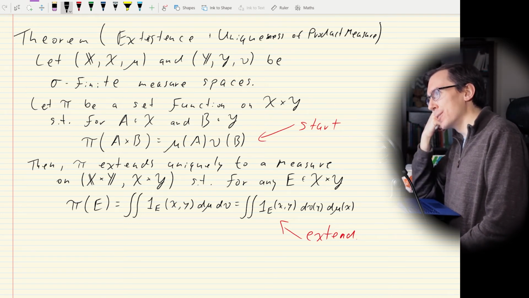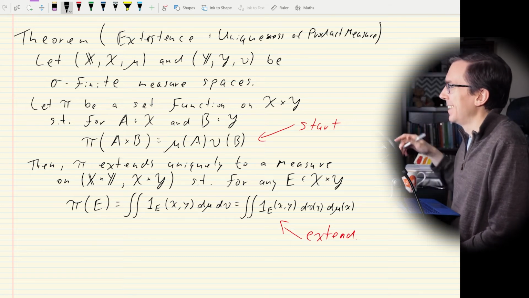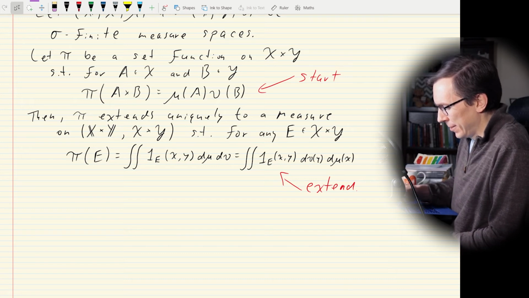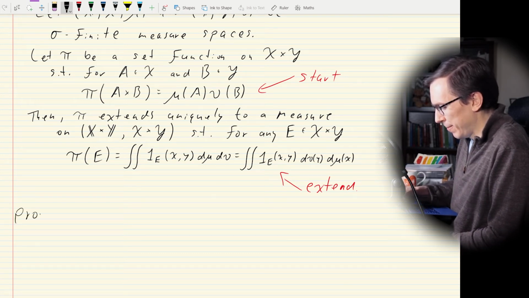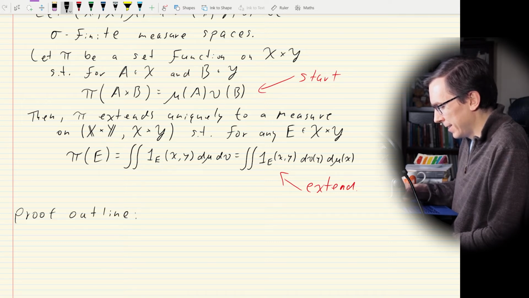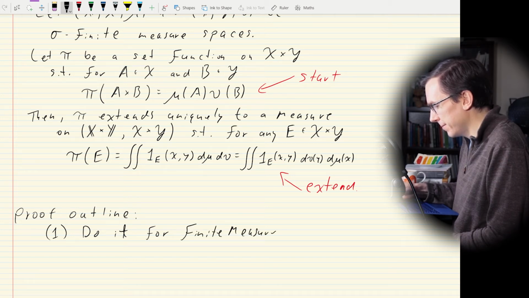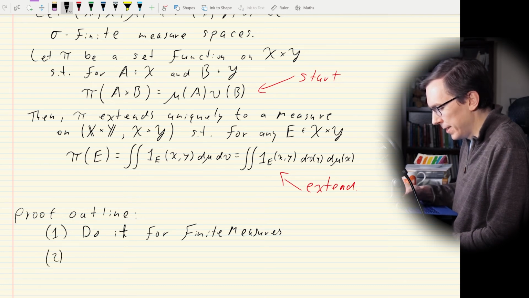Okay, so how in the world do we prove that? Well, first what we're going to do is look at finite measures. So the proof outline is: 1, do it for finite measures, and 2, extend to sigma finite.